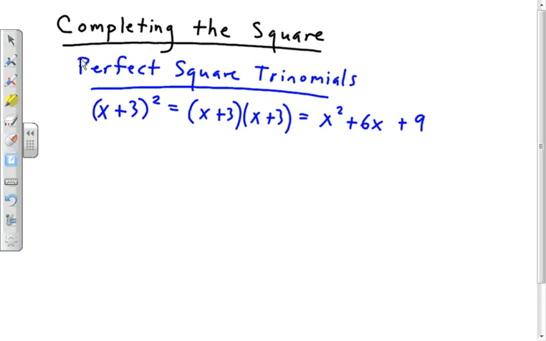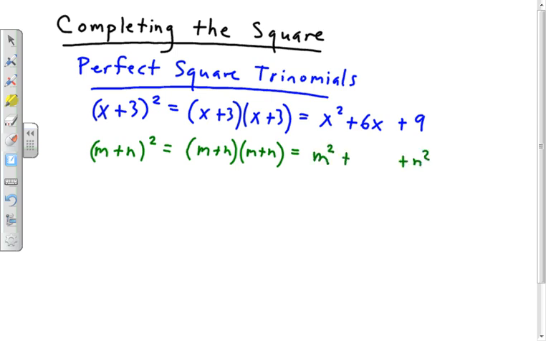If we do this without numbers at all, just with variables, for example m plus n, and we square that, that gives us m plus n times m plus n, which gives me m squared at the beginning, n squared at the end, and we're going to get mn twice, so we get 2mn.